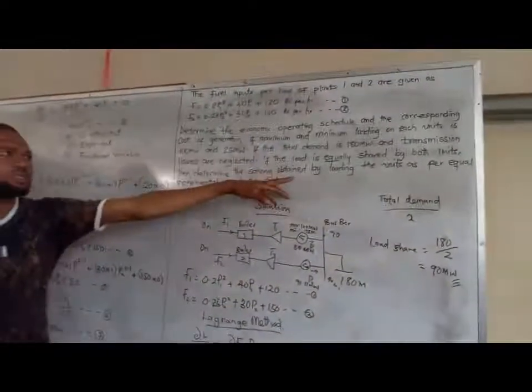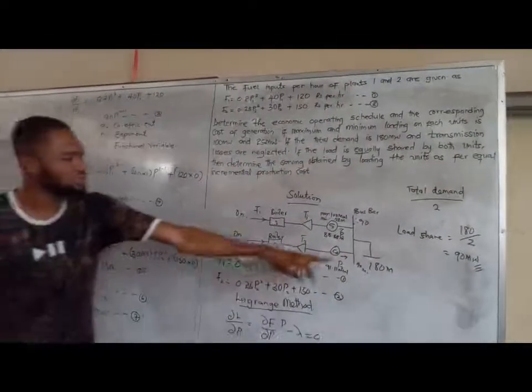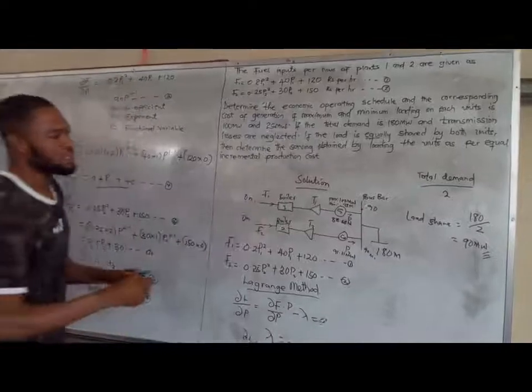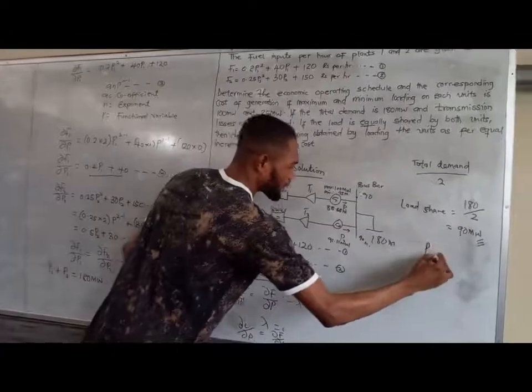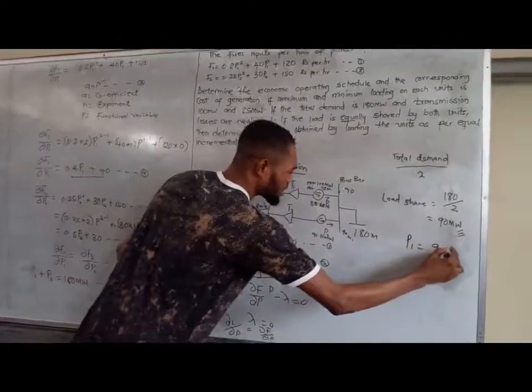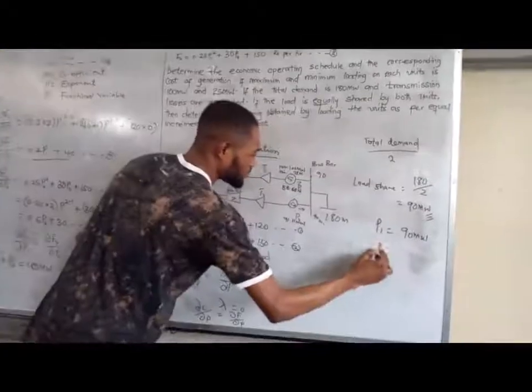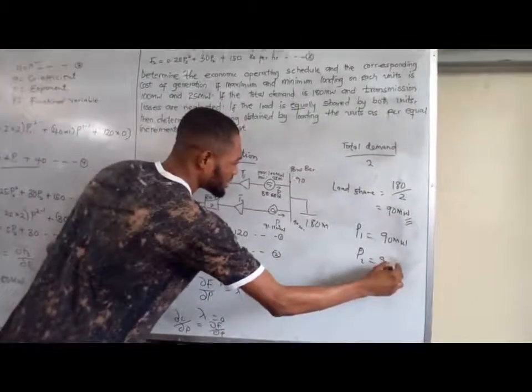So for us to determine how much energy the industry will save, if the load is equally shared, it means P1 equals 90 megawatts and P2 also equals 90 megawatts.